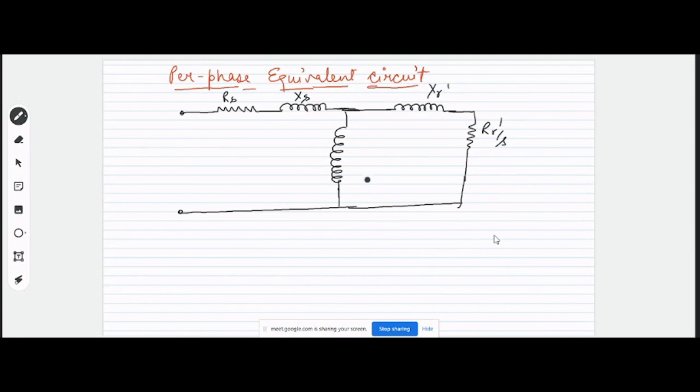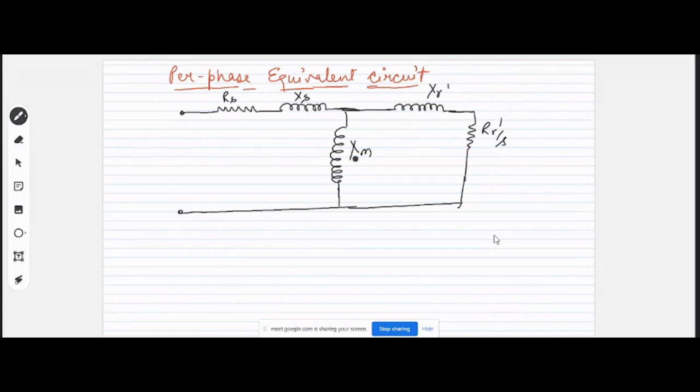And in this case, we have referred the rotor values to the stator side, right? So these are basically stator side referred rotor values. That's why we call it the per phase equivalent circuit referred to the stator side, okay? So this will be X2 dash.